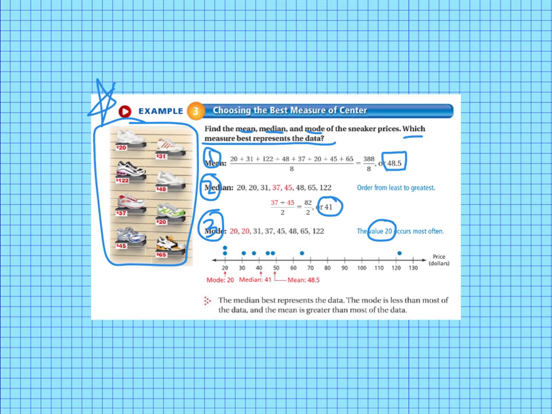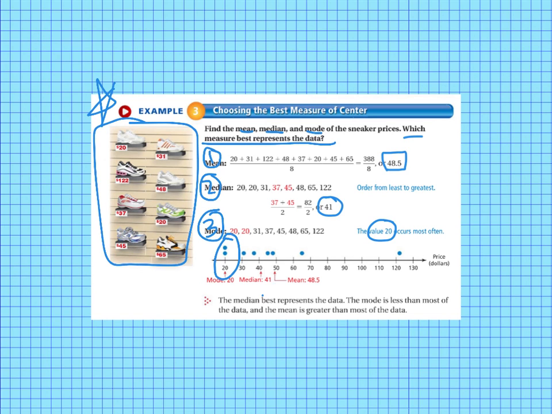And then to figure out which one is the best representation of the data, you kind of have to look at what your data is. Most of our sneaker prices are around $40. The mode is less than every other price.